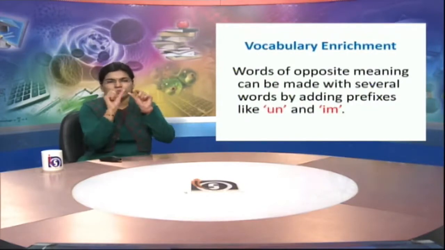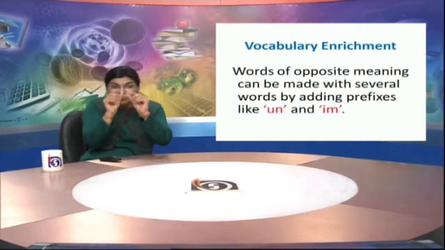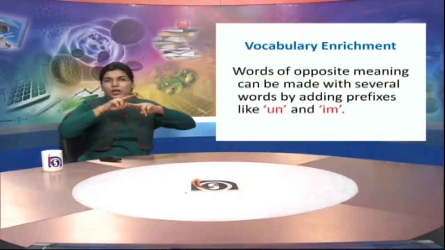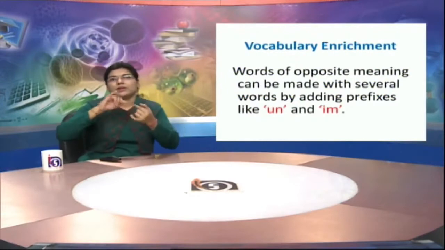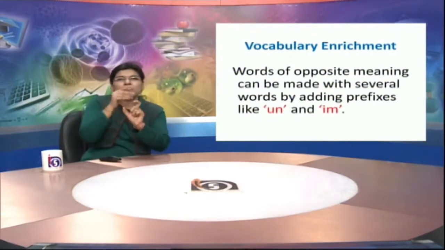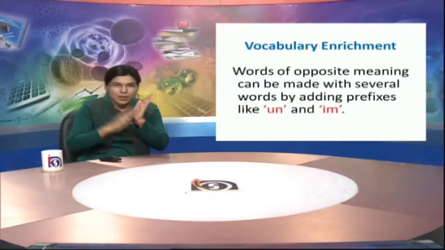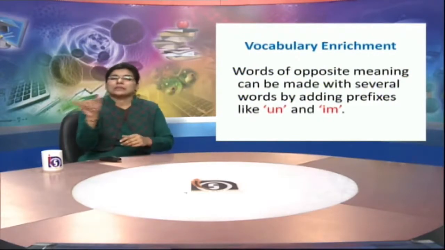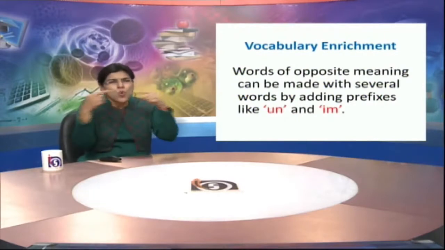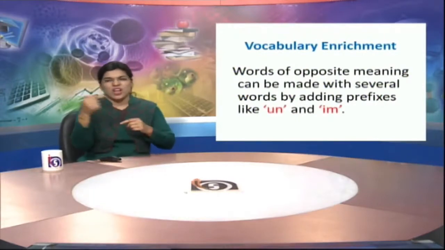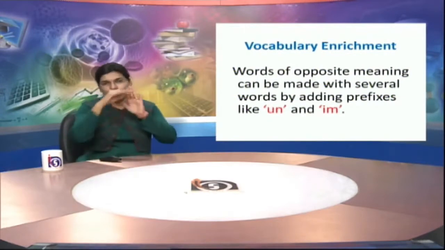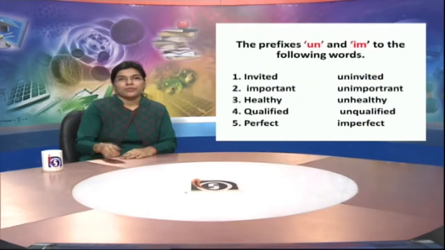So here let's have this vocabulary enrichment. Words of opposite meaning can be made by adding prefixes like un and im. So making the opposite words. Let's show you some examples.